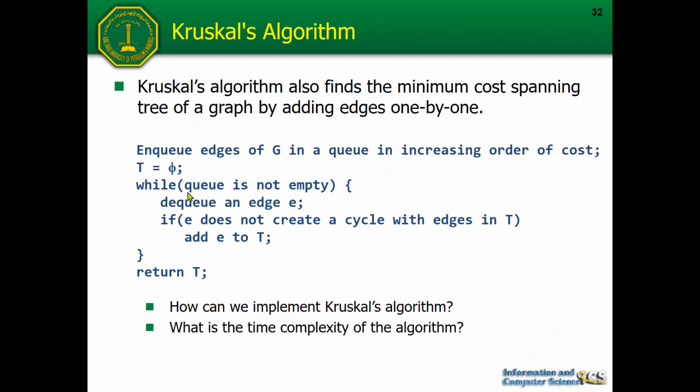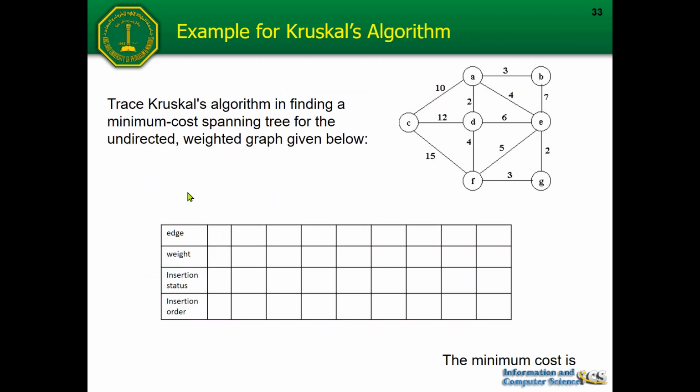In the Kruskal algorithm, you do not need to determine the starting vertex. You only need to order the edges according to the cost increasingly. That means in the Kruskal algorithm, you will be able to find the unique minimum cost spanning tree for the corresponding graph, as long as the weights are unique.